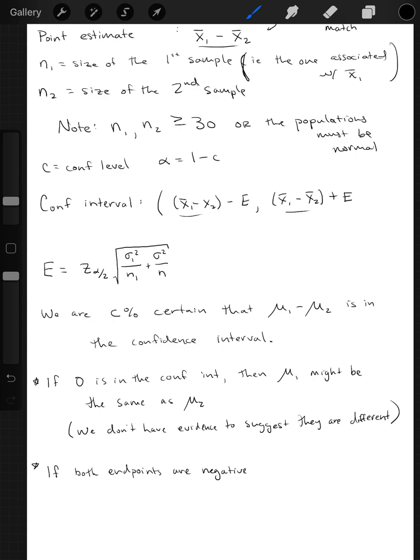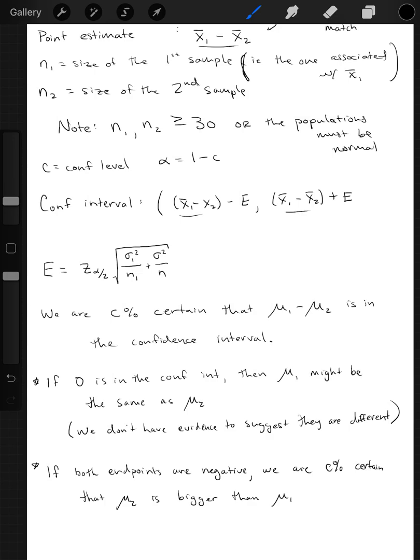right? In that case, we are C% certain that mu2 is bigger than mu1. Right?